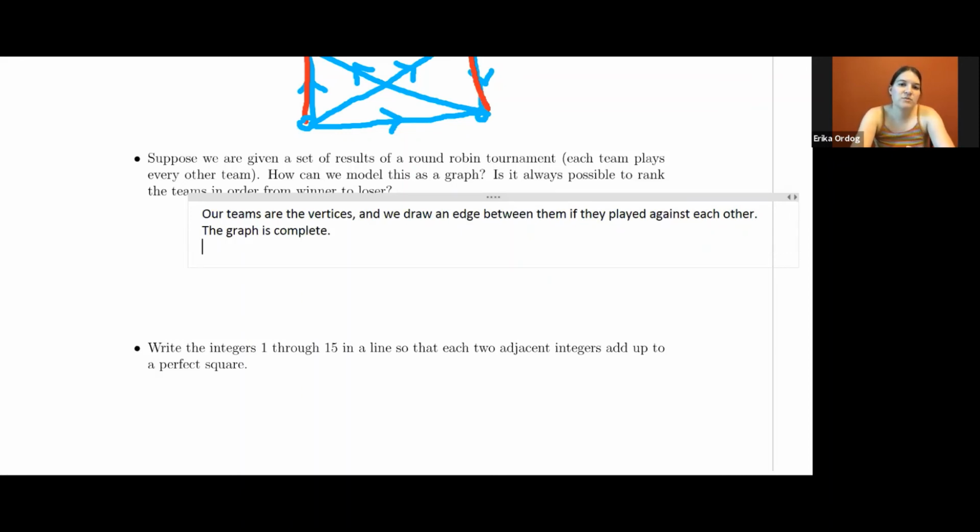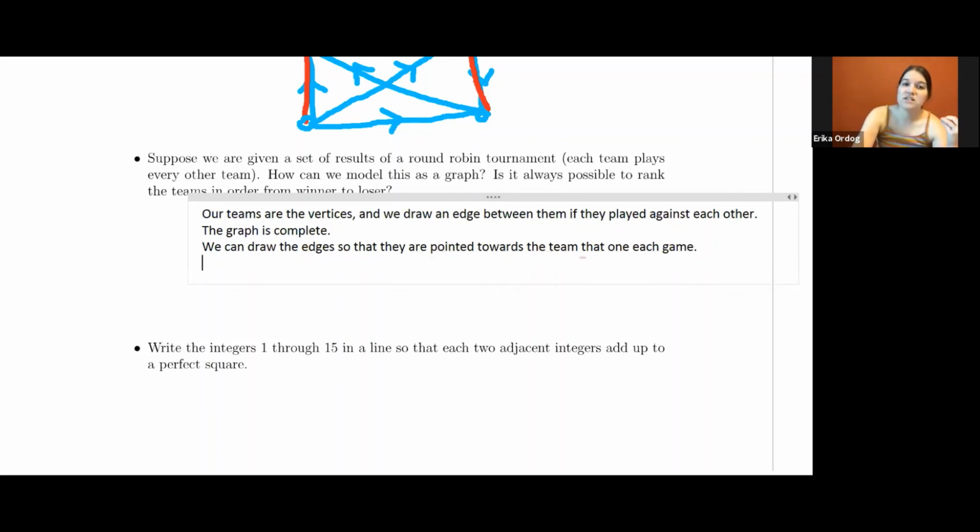But the information we don't have in this graph so far is who beat whom. So we can actually use a directed graph here, and we can draw the edges so that they are pointing towards the team that won each game, the game that represents that edge.